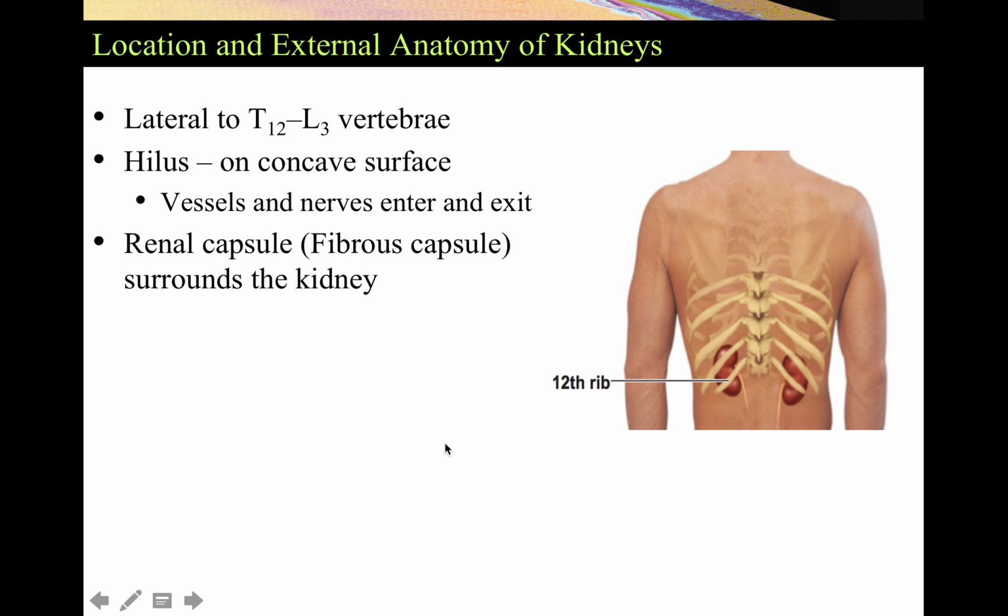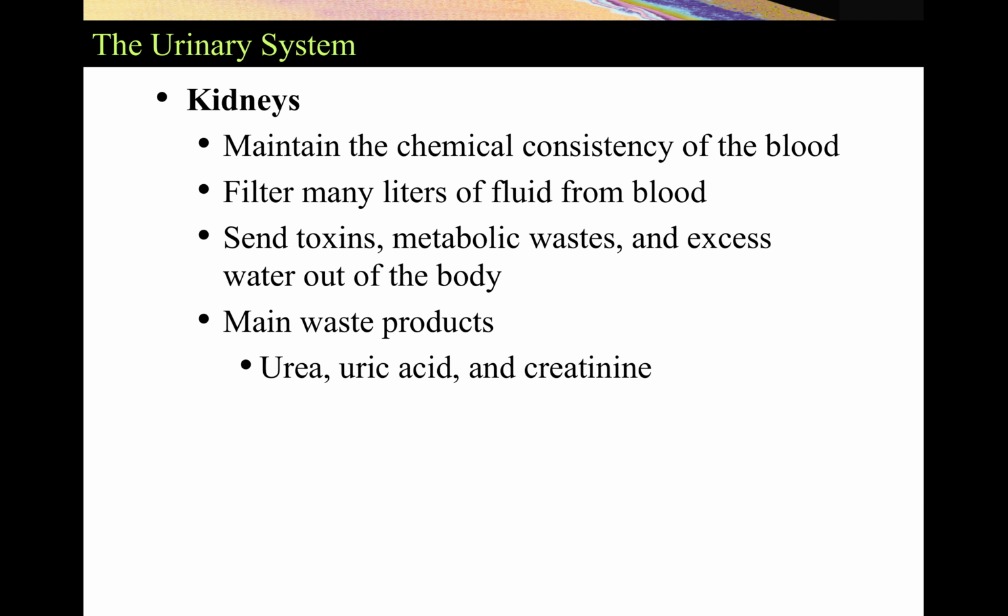Another function that we will talk about later in much more detail is the role that the urinary system has in maintaining pH. Maintaining pH has to do with balancing your hydrogen ions and your bicarbonate.